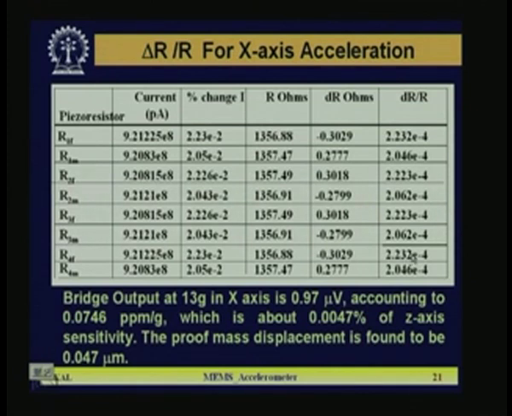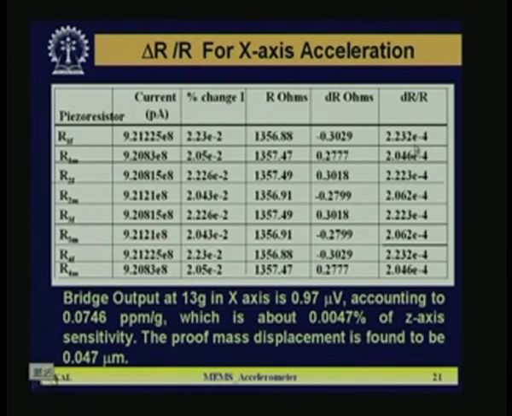You can see here slight, all are not same. Here is 2.046, here you are getting 2.062, here 2.062, here 2.046. So slight variation is there, the same value is not there in all arms. Because of that, the off-axis sensitivity will not be exactly 0, but some value we will get, because of some variation in the third decimal place.